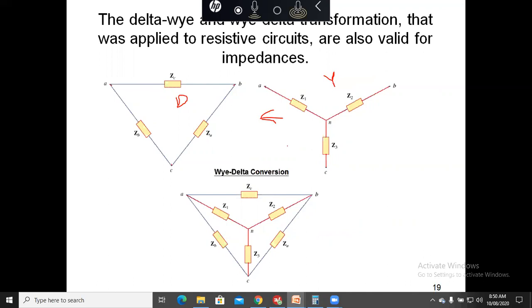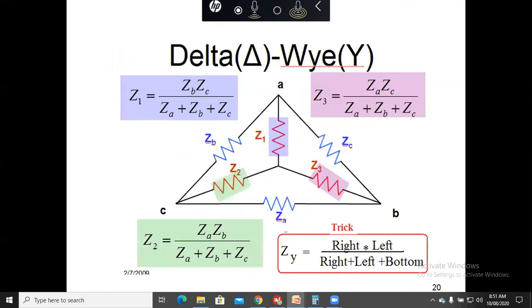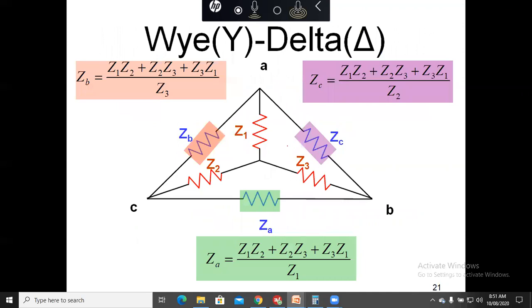So I just give you the hint to recall the formula, right? So this is the Y to delta.